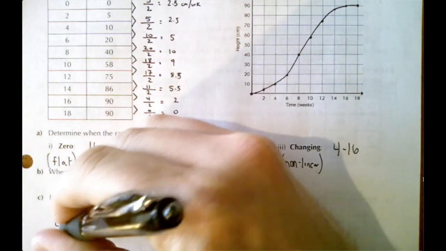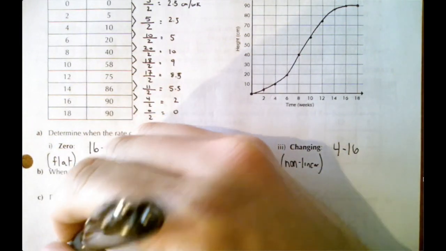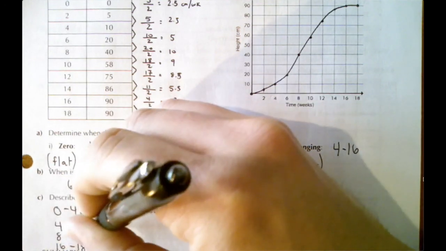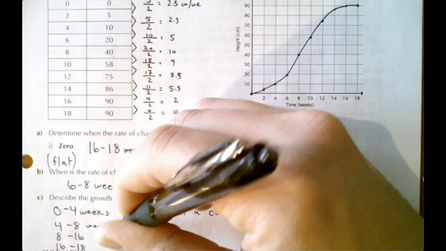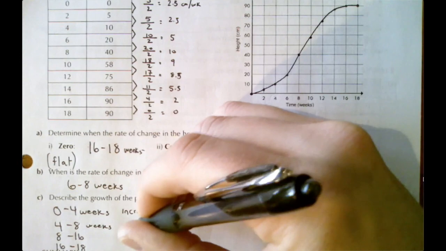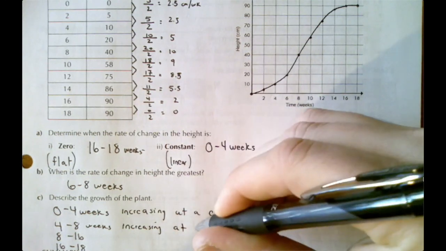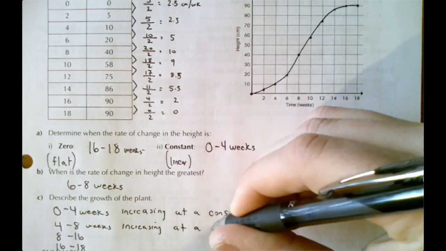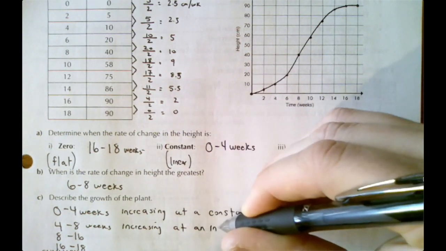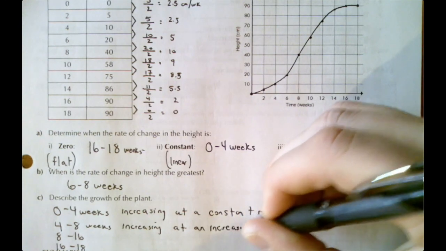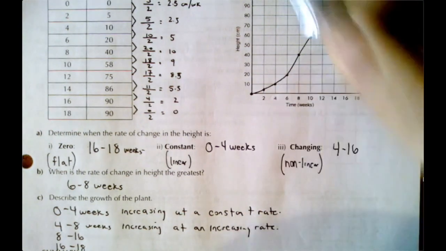So we say from 4 to 8, 8 to 16, and then our last section 16 to 18. So from 4 to 8 weeks, we're still increasing. In fact, we're always increasing, except for at the end. And at the beginning, we're increasing at an increasing rate. And that's because the rates of change are getting bigger.